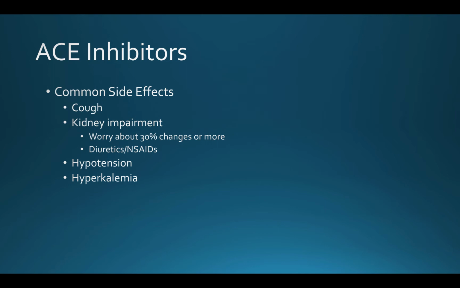Low blood pressure, and then hyperkalemia. So it's important to think about potassium. Do we have a baseline potassium level? Since we started an ACE or an ARB, where is that potassium level? Are we adding other agents that could increase potassium, like a spironolactone? Drug interaction with trimethoprim is one I've seen cause elevated potassium levels.